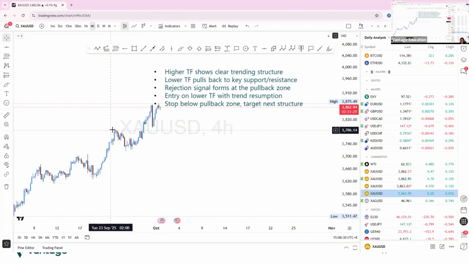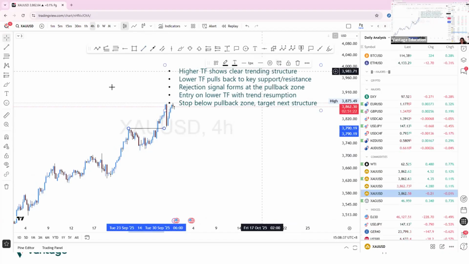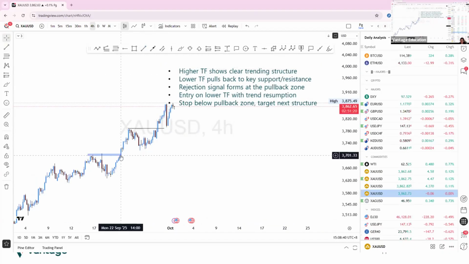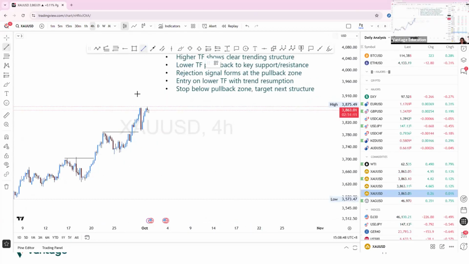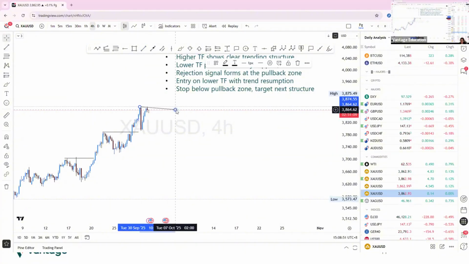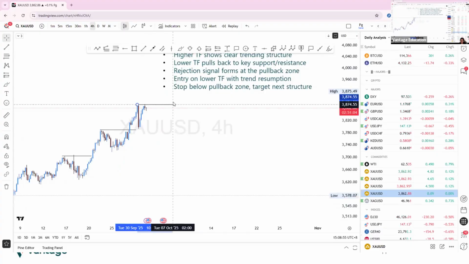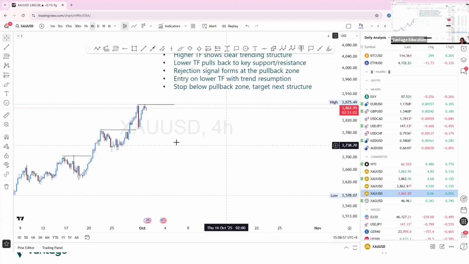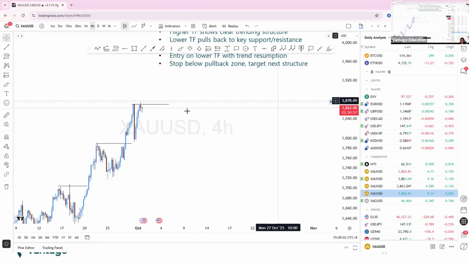Price still made a break of structure over here, and another break of structure here. Now price will stop at, let's say, equal highs, because price did not close above with its body. I'm talking about the body.